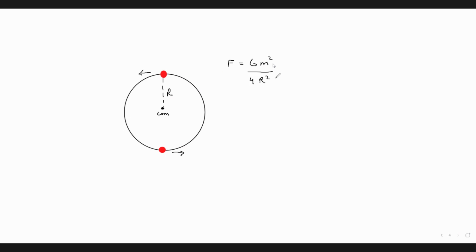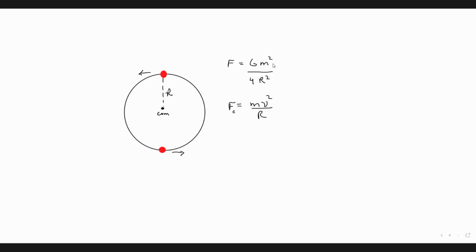Yes. Okay. Now, for part B, the orbital speed of each star and the period of the orbit. Well, we know from way back in chapter 3 that the force F is a centripetal force, and that's equal to m v squared over r.